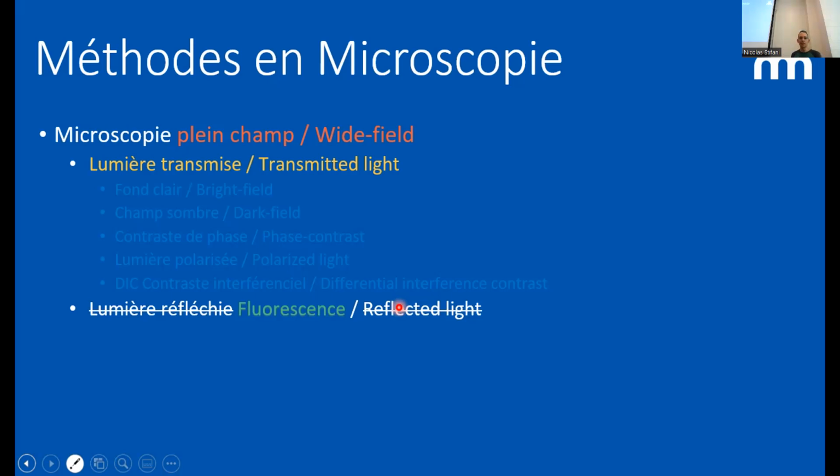Who has done transmitted light microscopy? Do you know which technique you used? Bright field. Bright field. And what kind of sample do you look at? Bacteria? And you don't use phase contrast for bacteria?